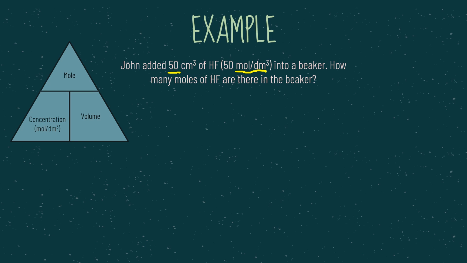So now we can find the number of moles immediately since we're not finding mass. Mole equals concentration, which is 50 mole per dm cube, times the volume. The volume is 50 cm cube, but remember, we need to convert it. To convert it to dm cube, we always divide it by 1000.